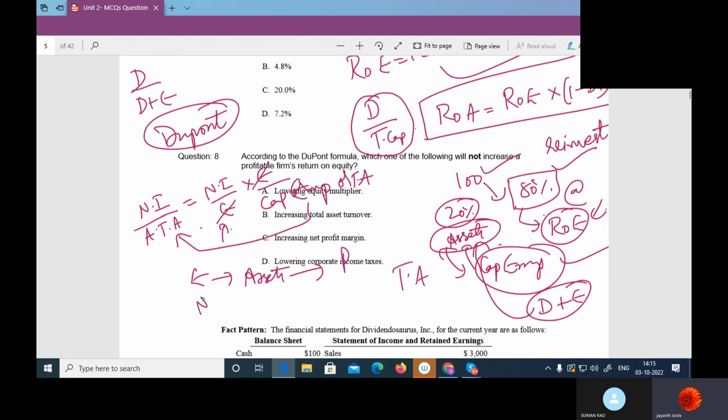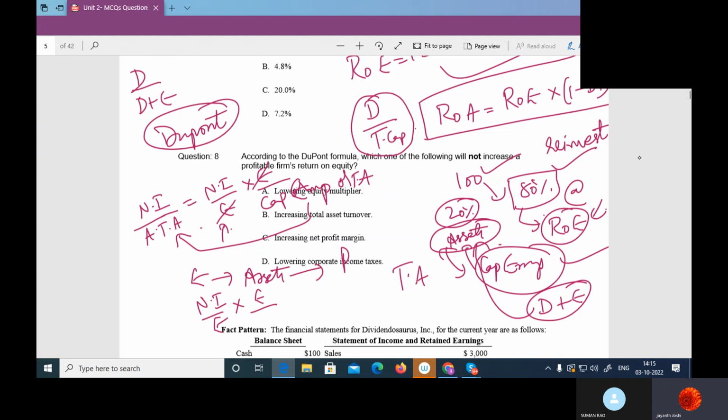Return on equity is net income by equity into equity by capital employed, or total assets, total capital. Correct?